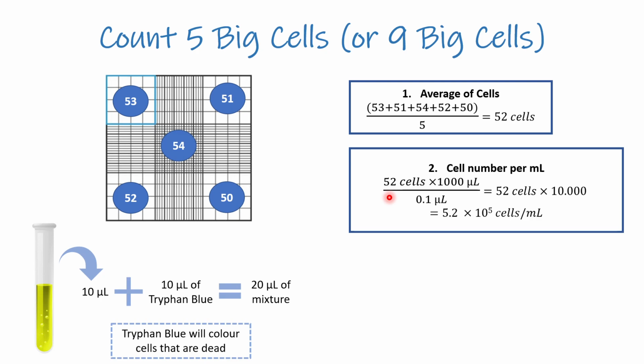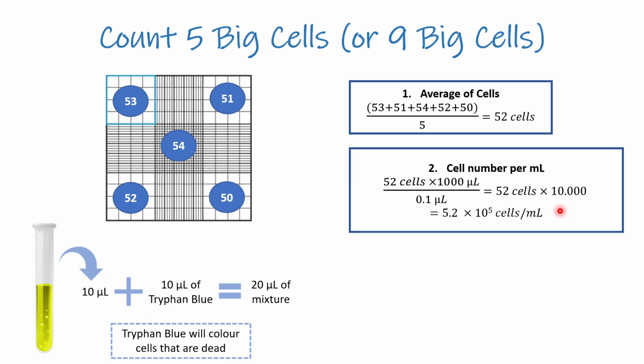The numbers sound familiar, right? That will be explained later on. Okay, so we get the number of cells per milliliter. The concentration of our cells is 5.2 times 10 to the power of 5 cells per milliliter.